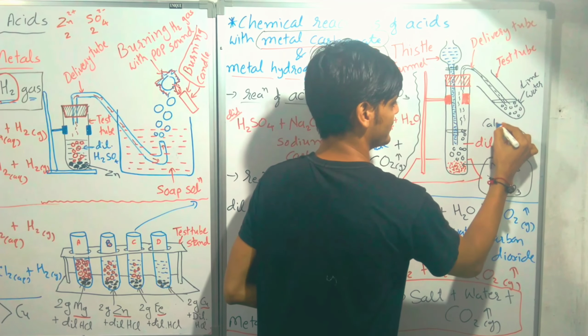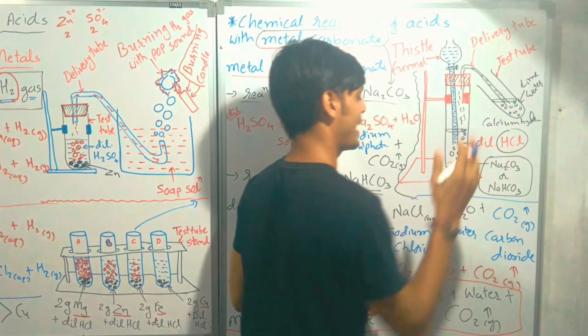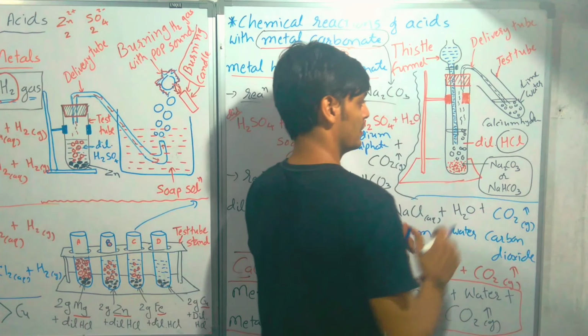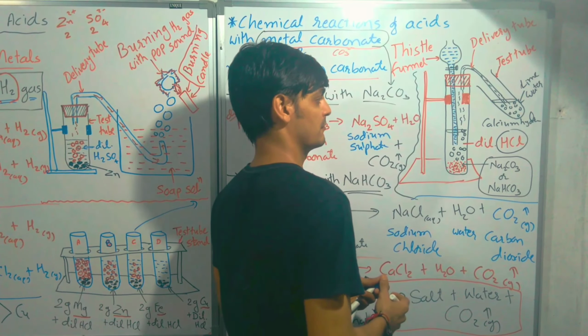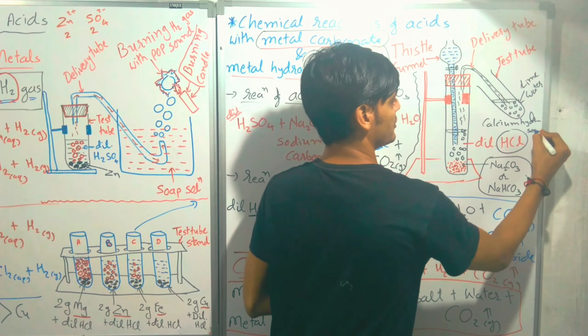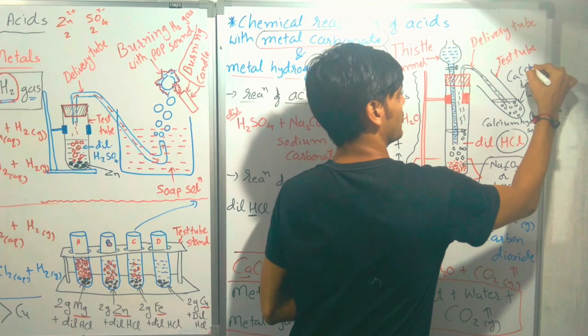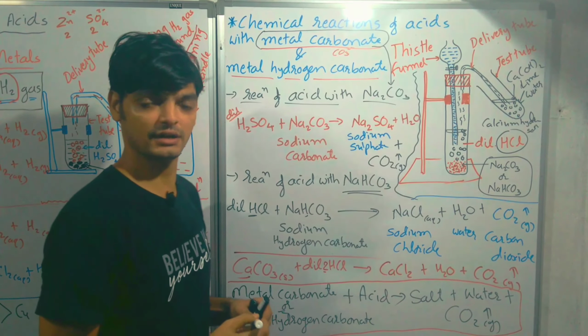Let me write here, calcium hydroxide. Oh, I think you are not able to read this, but just focus on my voice. It's a calcium hydroxide solution, Ca(OH)2. So this is a colorless solution.